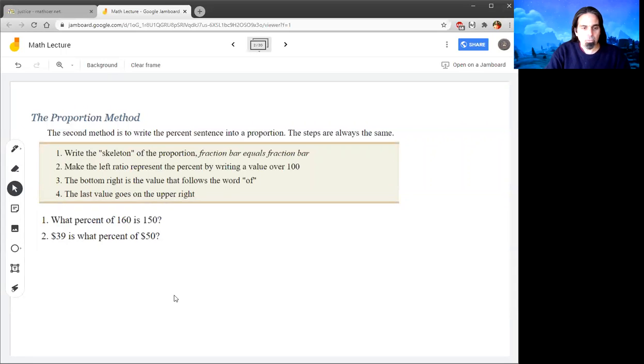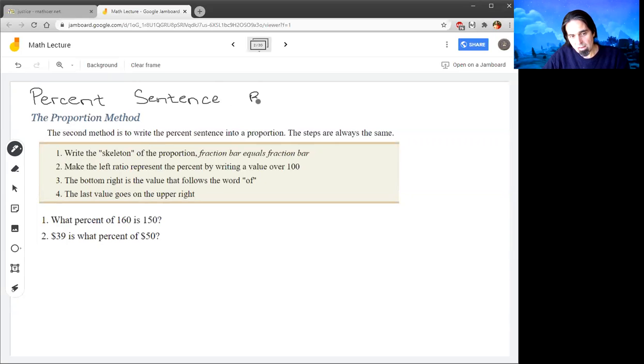Okay, so I should write, we're doing percent sentence review on the top. The first one: what percent of 160 is 150?